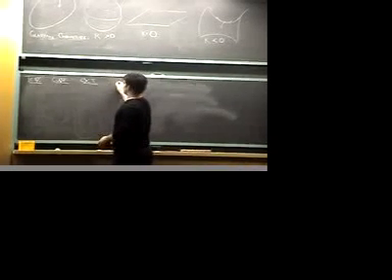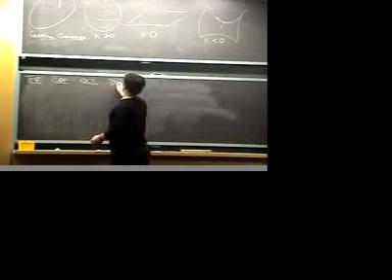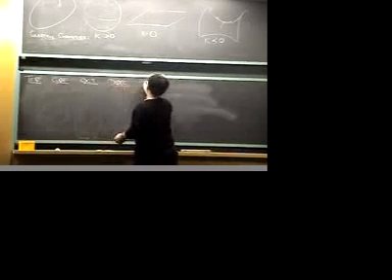Okay, so let's take all of these solids. We have the tetrahedron, cube, octahedron, what comes next? The dodecahedron and the icosahedron.